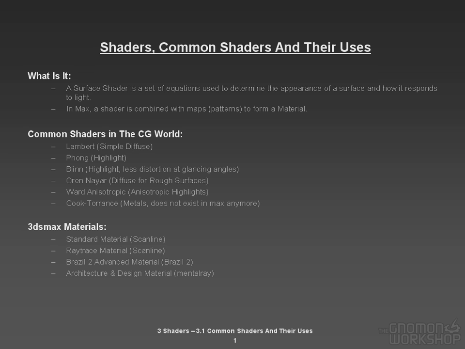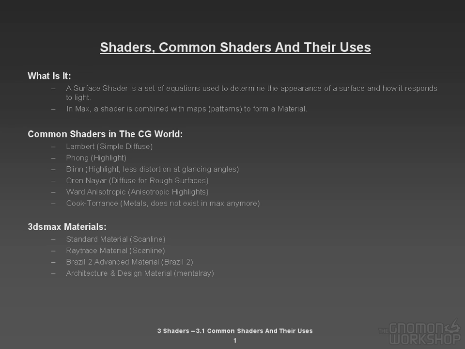There used to be a Cook-Torrance shader for Max back, I think, in version 4 or 5, but I don't believe it ever got recompiled, so I don't think one exists anymore. In 3D Studio, each renderer has its own set of specialty materials that come along with it. For example, the scanline renderer, the original renderer built into Max, has a standard material and also the ray trace material.